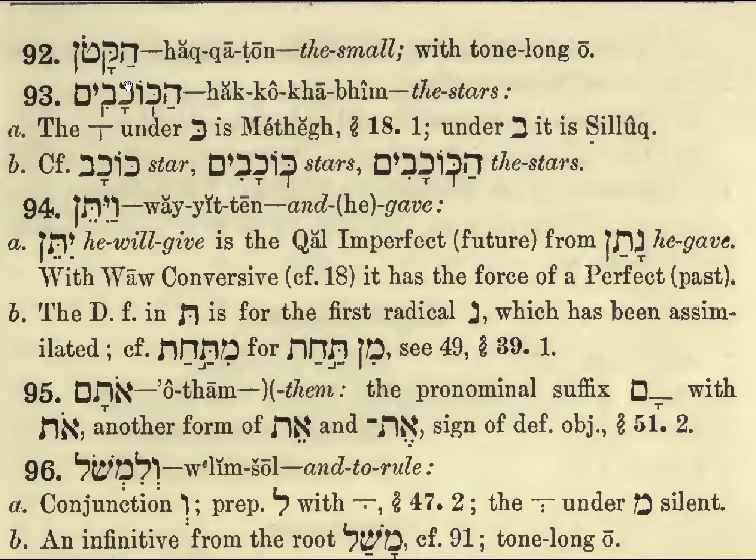Hak ko cha beam, long vowel, long vowel, long vowel. So it's hak closed, ko open, cha open, beam closed. Here we have the meteg and we have the siluk. Kochab is a star. Kochabim, stars. Hak kochabim, the stars.